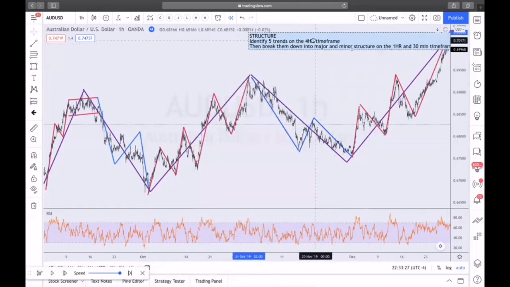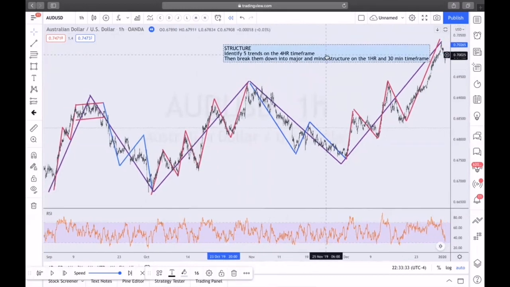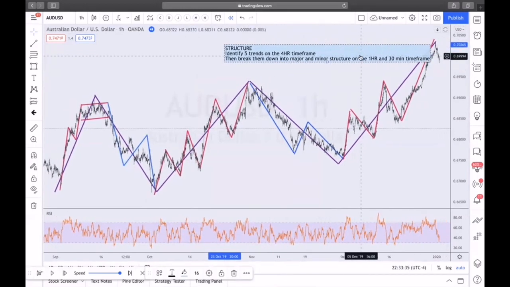There we are. So you're going to identify 5 trends on the 4-hour time frame, then break them down into major and minor structure on the 1 hour and 30-minute time frames.